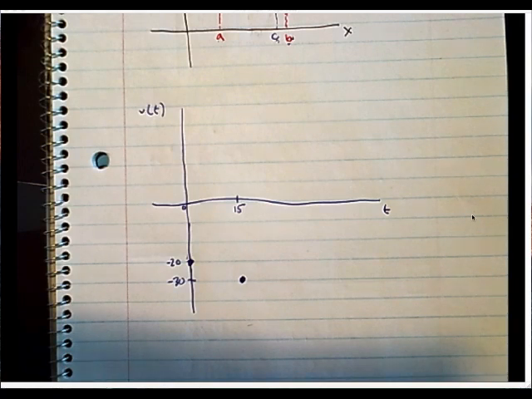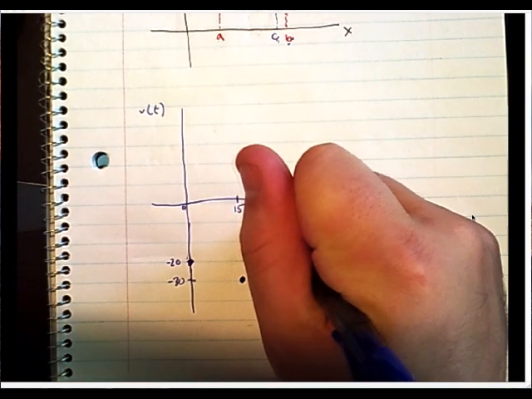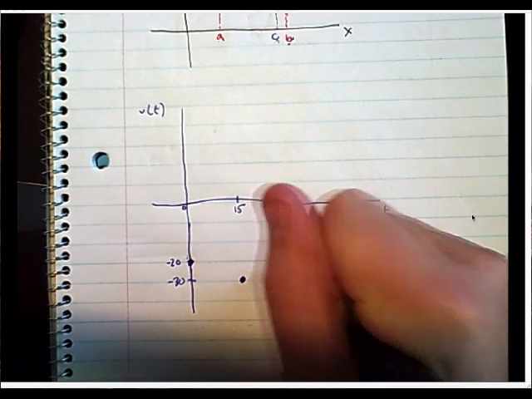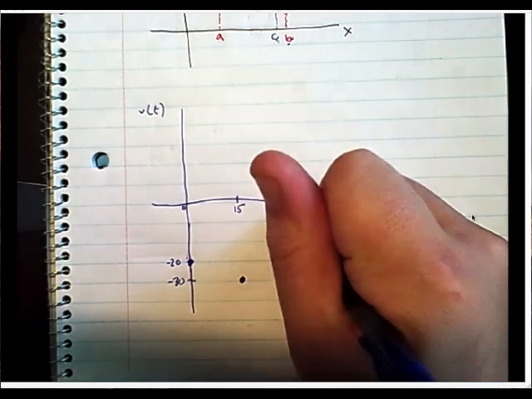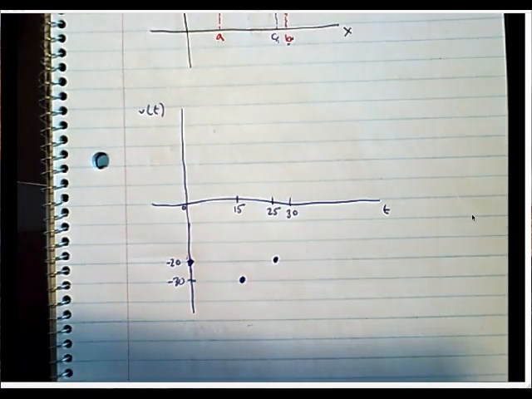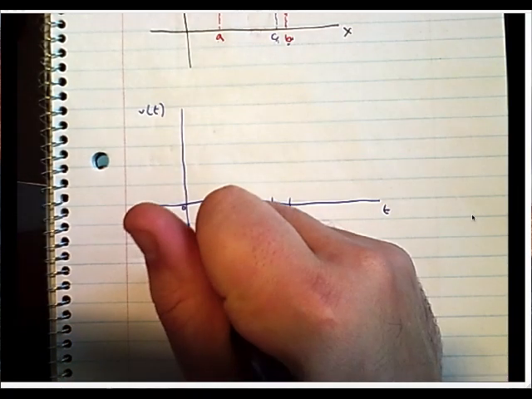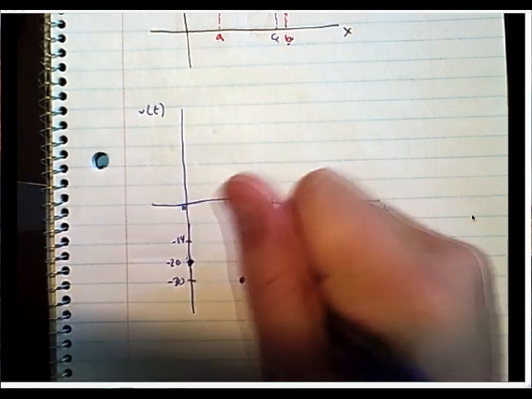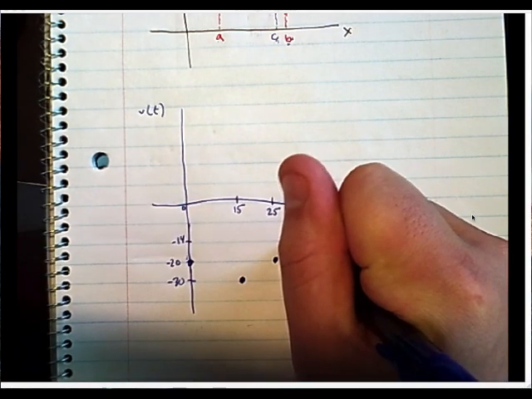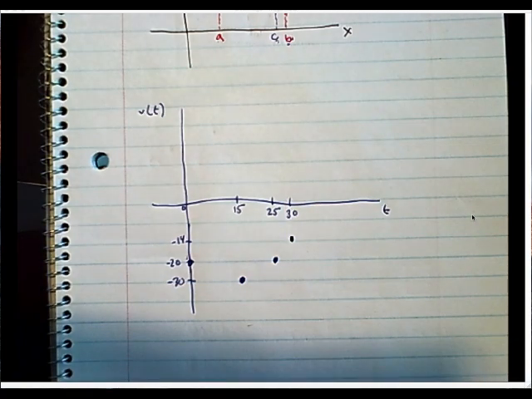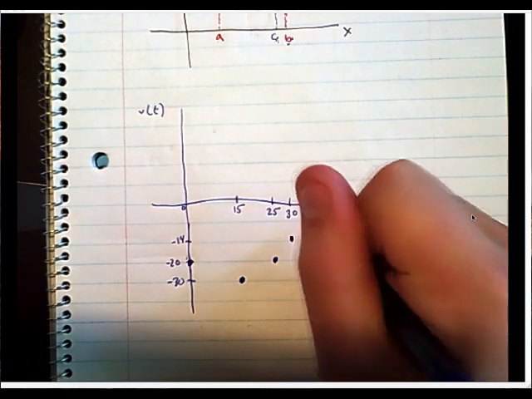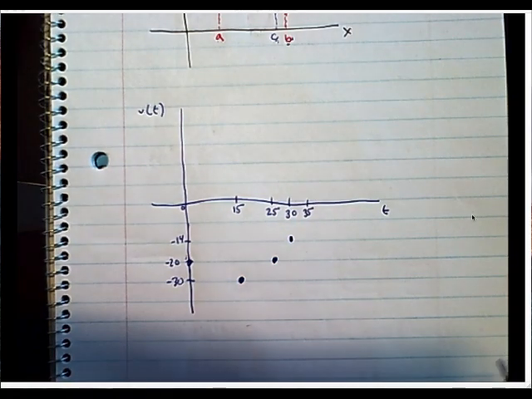All right. When I go out to 25, a time of 25, it's -20 again. If I go to 30, a time of 30, it tells me it's -14. I know my scaling's not perfect here, but you're getting the idea. At time 35, the velocity is -10.